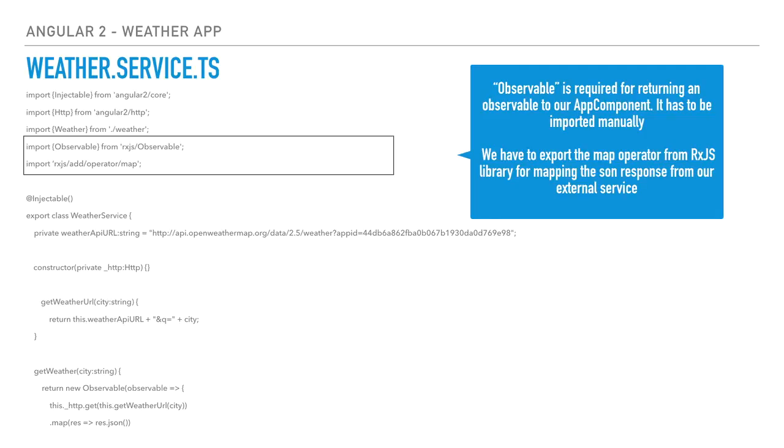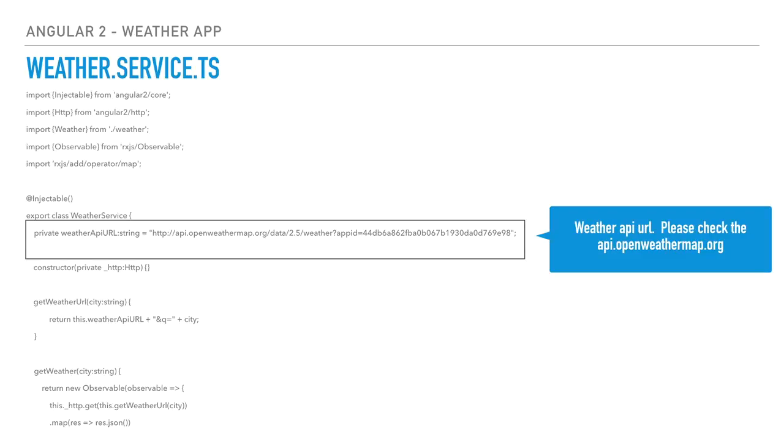This will allow us to subscribe to the stream of events that the Angular 2 HTTP library will dispatch. We will put the weather API URL in a string. This is just for fancy, and so that you get used to putting the URL in a constant file or in a private variable and so on.